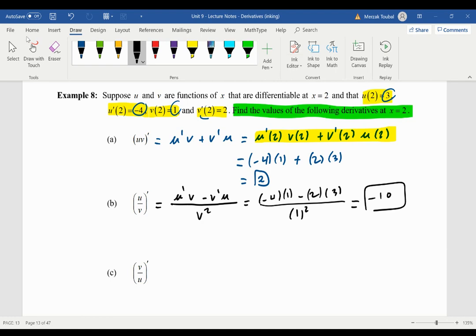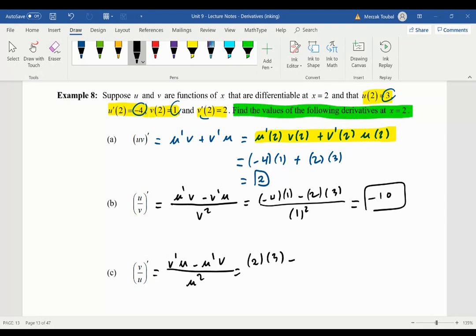Let's do this one. V prime times u minus u prime times v divided by u squared. Again, we need v prime at 2, u at 2, u prime at 2, v at 2, and u squared at 2. So v prime at 2 is 2, and u at 2 is 3.